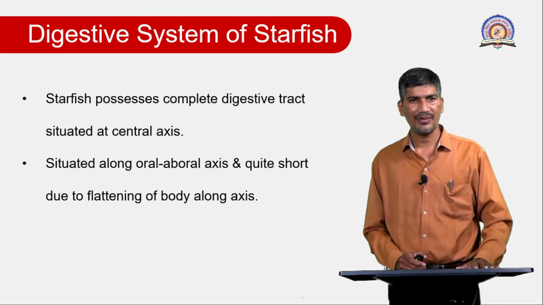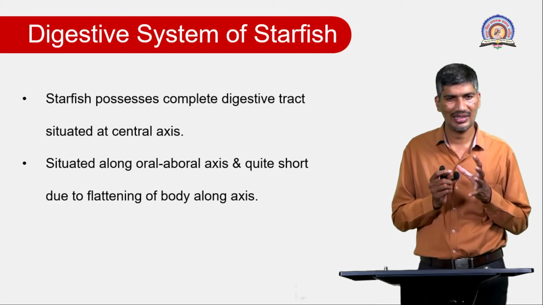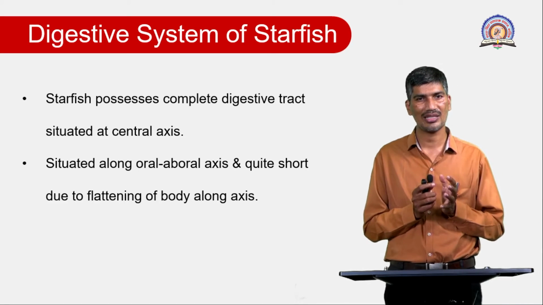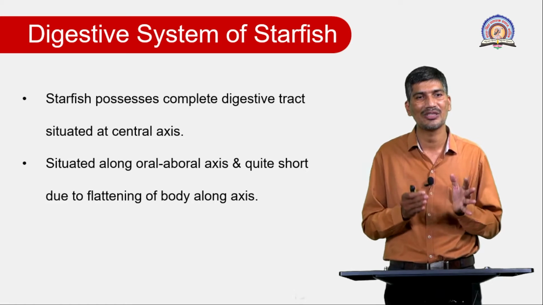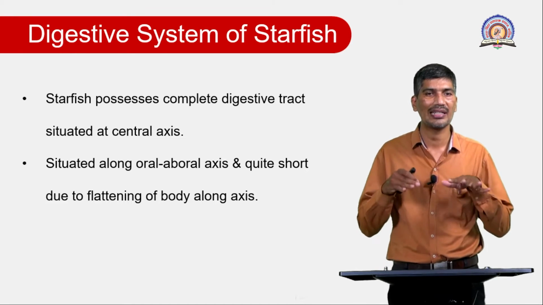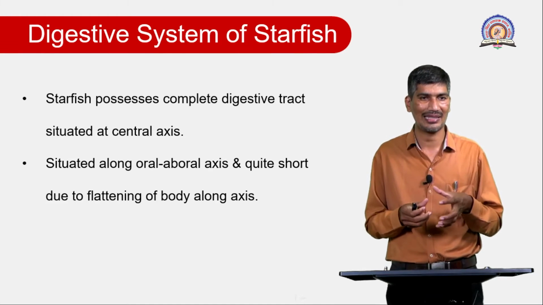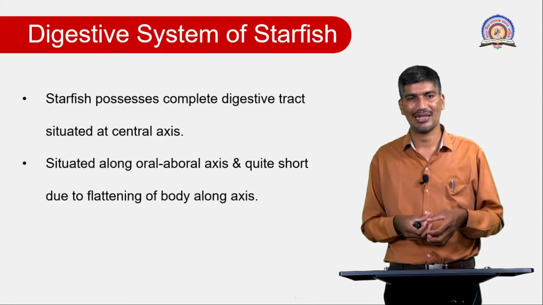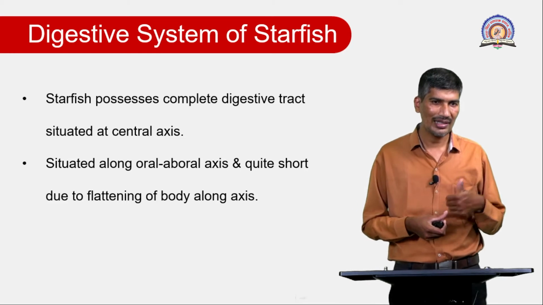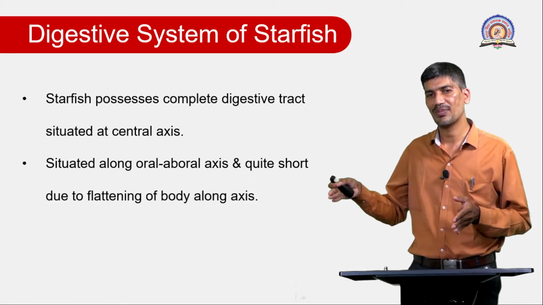Okay, here we can discuss the alimentary canal of the starfish. The whole complete digestive tract is located in the central part of the body, and therefore it is a central axis. It starts from the oral end and ends at the aboral end.